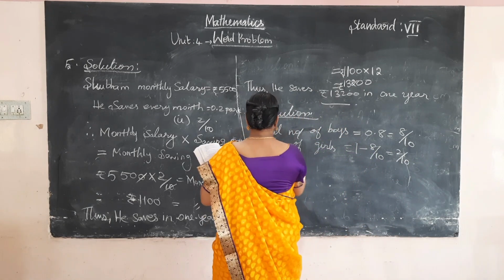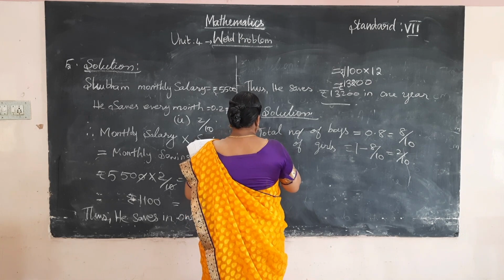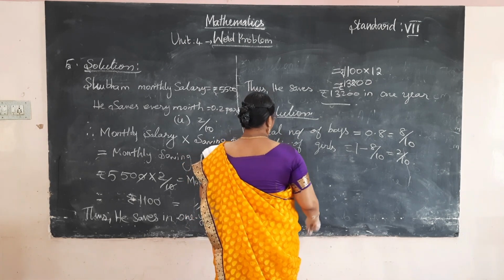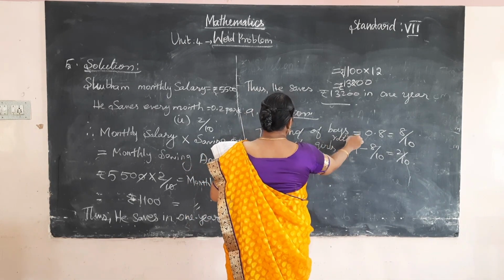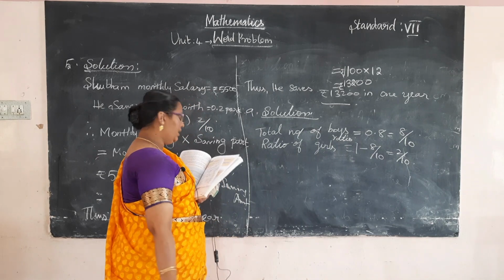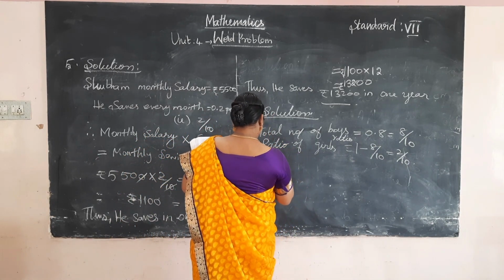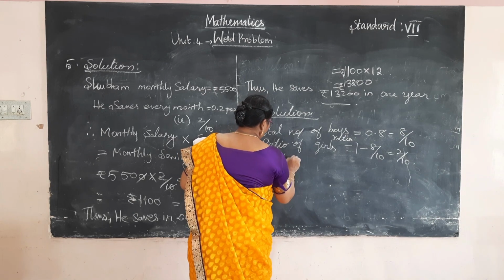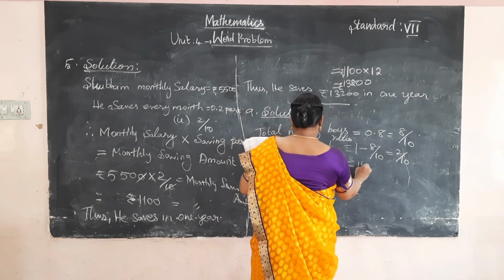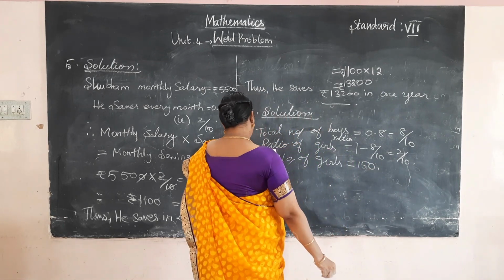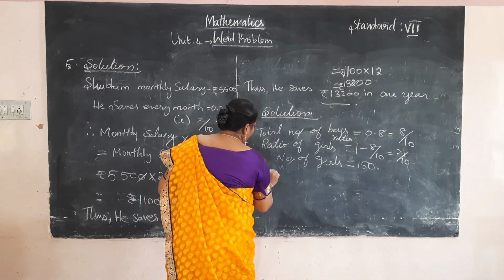Okay, so the ratio of the girls is 2 by 10, and the number of girls is equal to 150, also given. 150 girls.